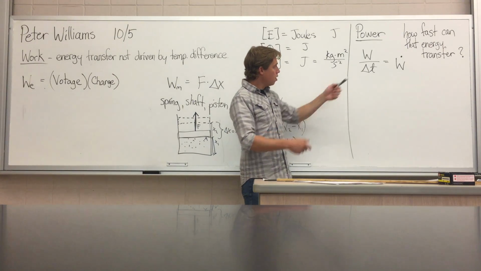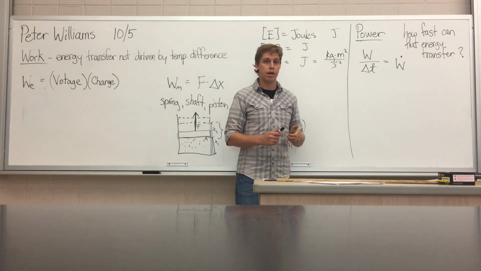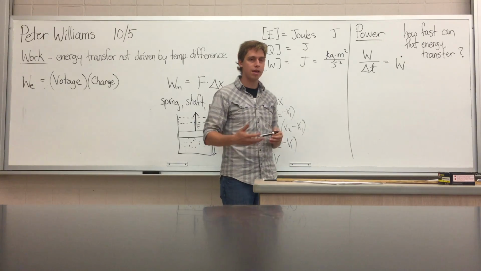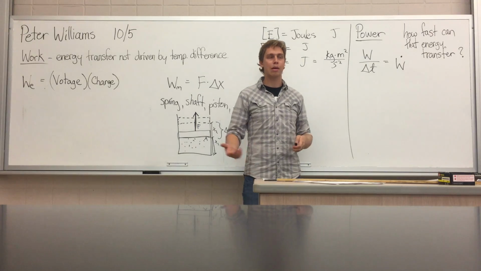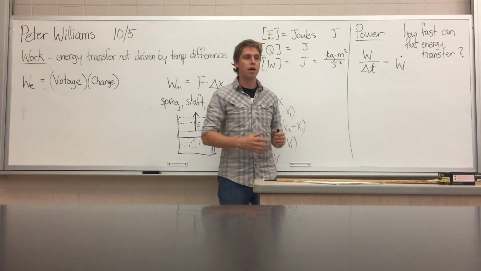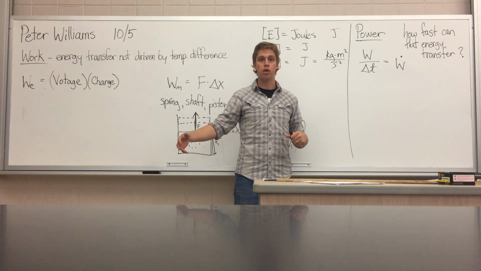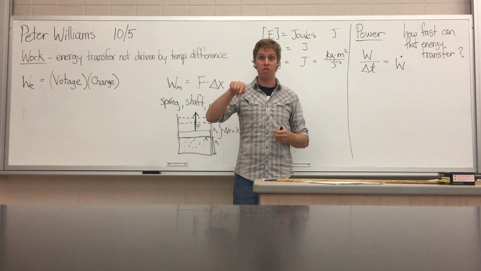So it becomes really, really relevant to real-world applications because it turns out that in a lot of cases, we don't care how much energy got transferred. We care about how fast it happened. Consider a sports car that gets up to a certain energy, right? And by that, we usually are concerned with speed. But remember, kinetic energy is 1/2 mv squared.